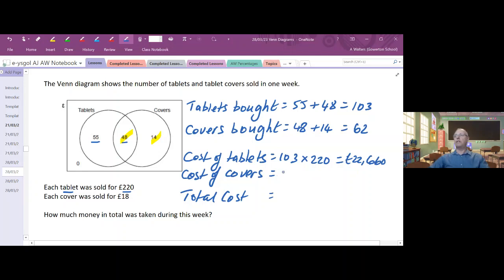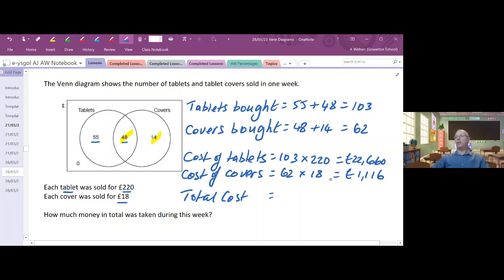The cost of the covers, there's 62 covers, and each cover is £18. When I tap that out to my calculator, I get £1,116. Okay, so I kept the cost of the tablets and the covers separate.